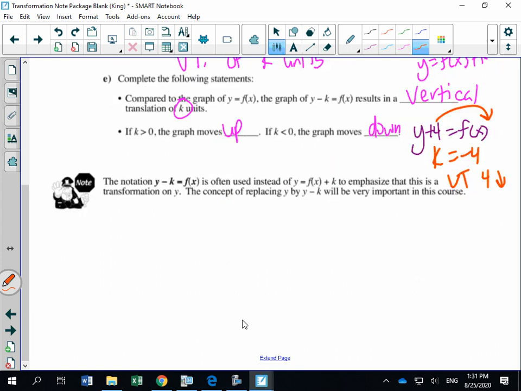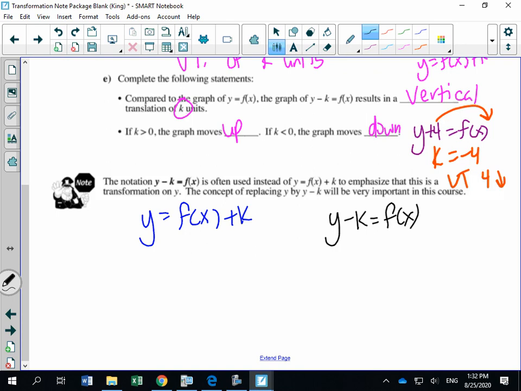One thing I'd like students to make note of down here is, even though most students like seeing f of x plus k, your book and tests are often going to write it like this: y minus k is equal to f of x.